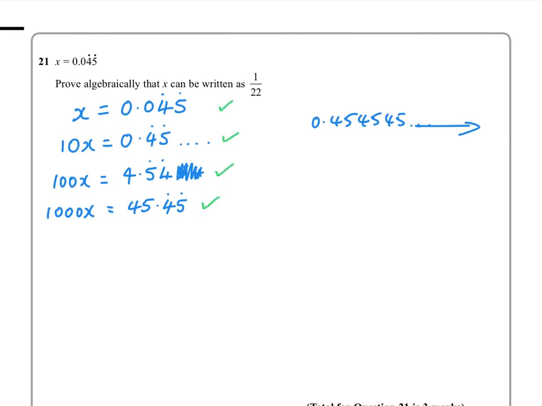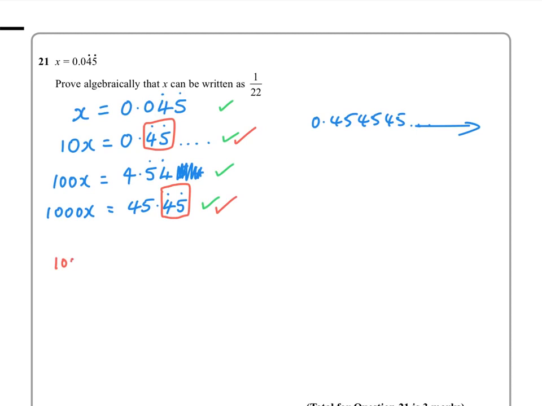Now the nice thing about that is that if you compare these values, you've got 1000x, 100x, 10x and just 1x, if you can do something to two of these equations to get what's ever after the decimal point to disappear, it's not a trick, it's just pure maths, then we're onto something. So I definitely would look at this one here and this one here because they have the same decimal part.